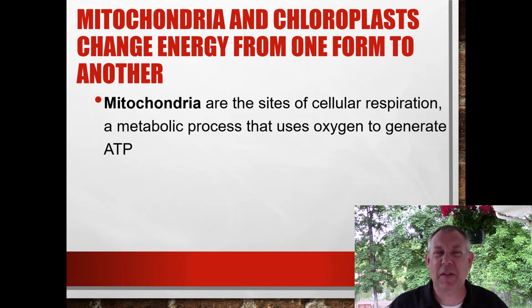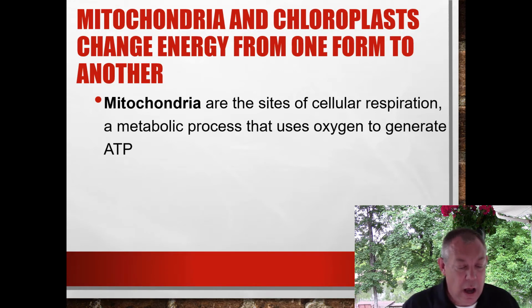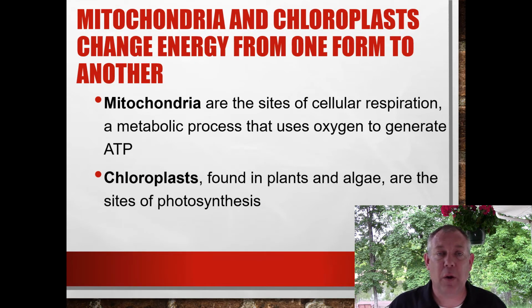So we'll talk about this in more detail. Bottom line, ATP is like the cell's batteries, right? ATP just takes the energy from your food and carries it to somewhere else where you need to use that energy. Of course, the chloroplasts are in photosynthetic organisms, plants, and algae.